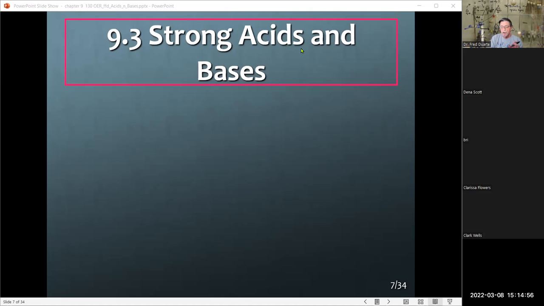There are a lot of ionic bases, I just talked about sodium hydroxide, that are weak bases simply because when we put them in water, they don't dissolve in water very well. And we're going to utilize what we call the solubility table.